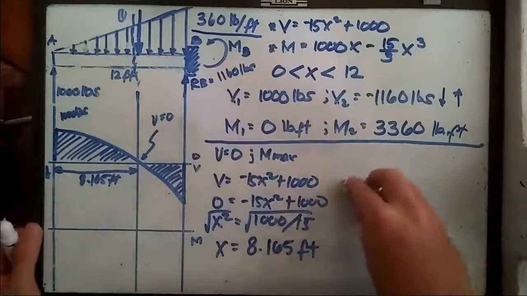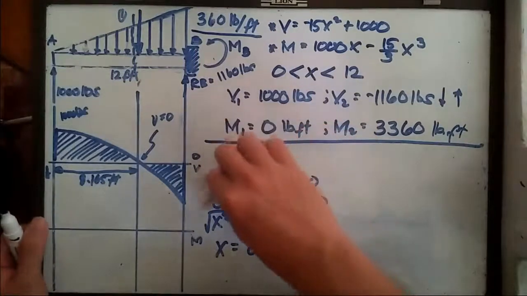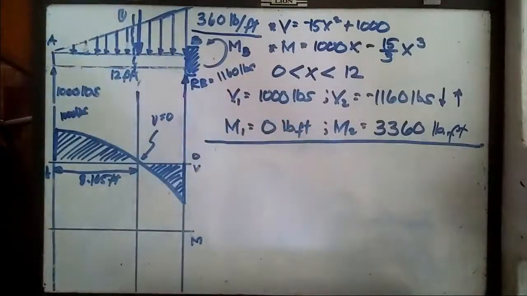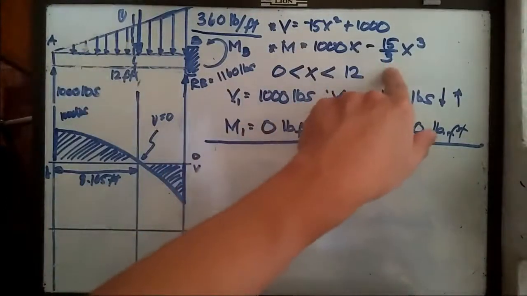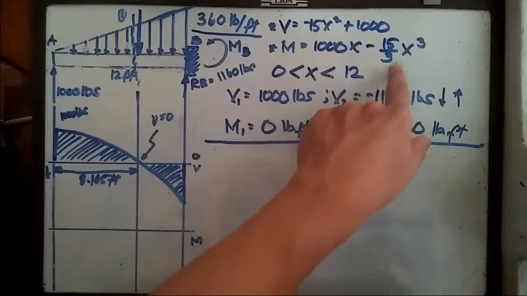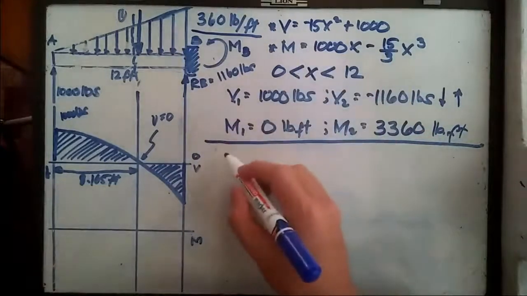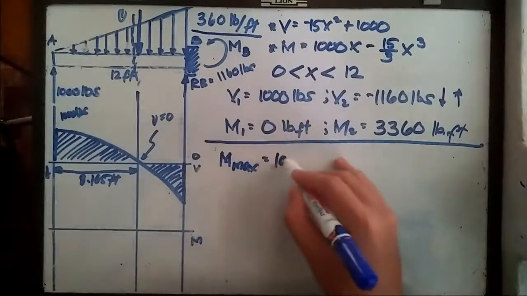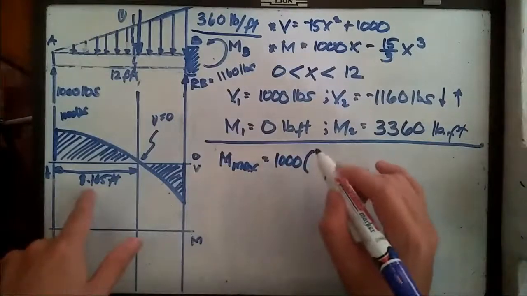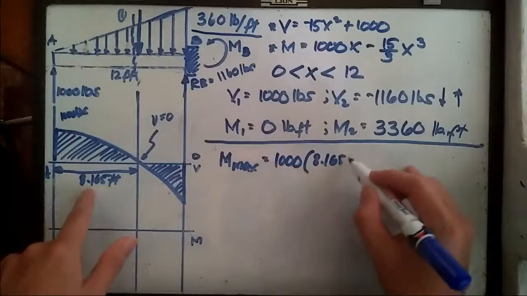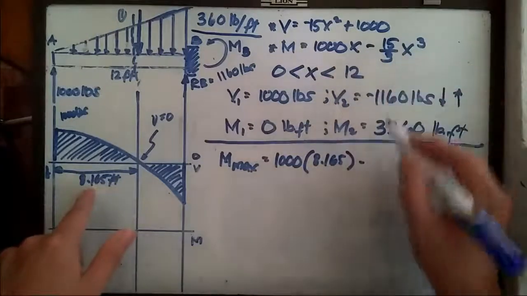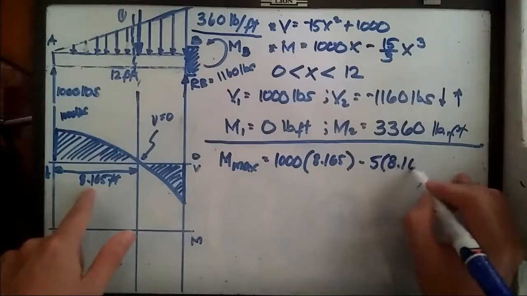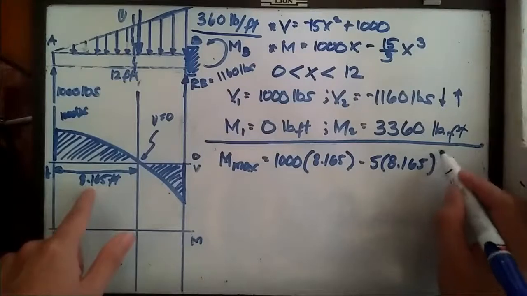Okay, since we managed to solve for x, the next one is to calculate the maximum bending moment. How are we going to do that? Let's go back here on the formula for our bending moment. So M sub max is equal to 1000 multiplied by 8.165, minus 5 multiplied by 8.165 cubed.